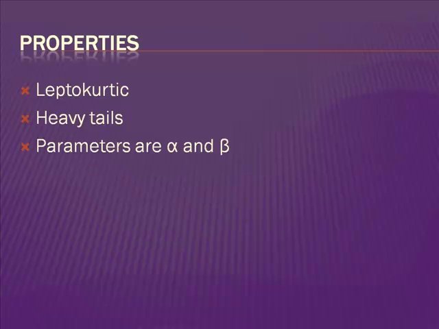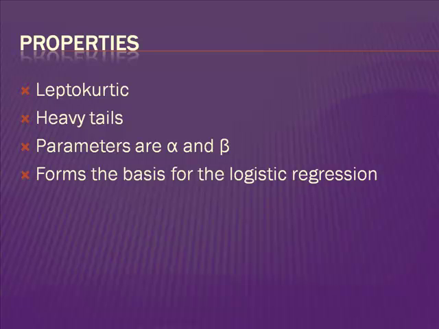The parameters of the distribution are alpha and beta. Just as I did not give you the actual function for the normal distribution, I'm not going to give you the actual function for the logistic distribution here, but those of you who are mathematically inclined and have an interest can readily find the function, and you'll see 2 parameters, alpha and beta.